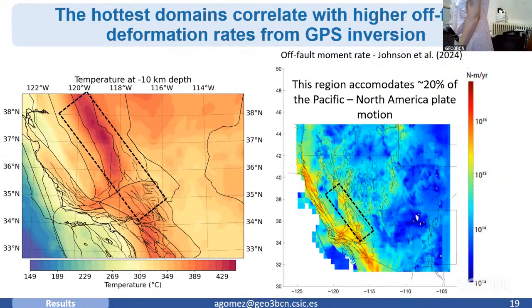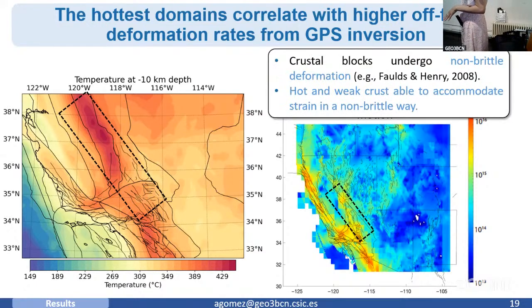this region actually accommodates about 20% of the deformation between the Pacific and North America plate motion. Why is this important? It is because previous works have suggested that in this region, the crustal blocks might undergo non-brittle deformation, meaning that something should be happening there because we have a lot of deformation, but we are not accommodating that with faults.